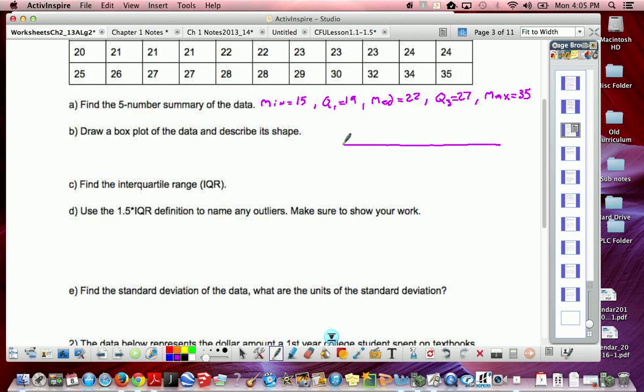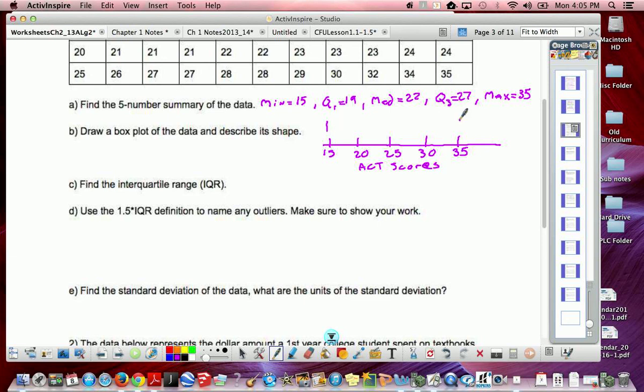So I'm asked to draw a box plot and describe its shape. So here's my number line. My low was 15. I'm going to count from 15 by 5s: 20, 25, 30, 35. I'm going to note that I'm talking about ACT scores. And I'm going to go ahead and graph it.